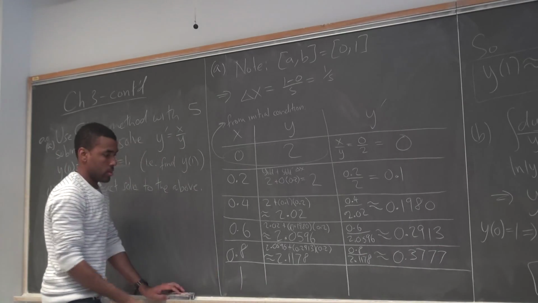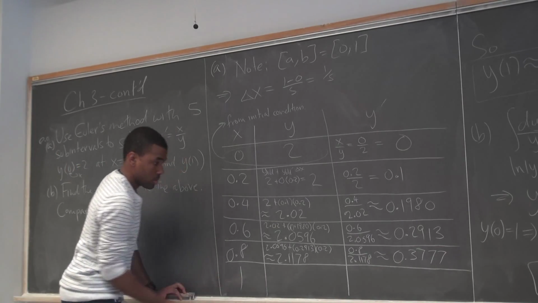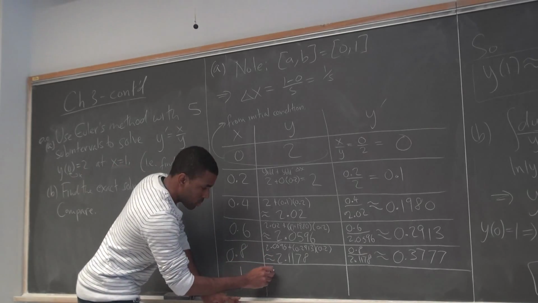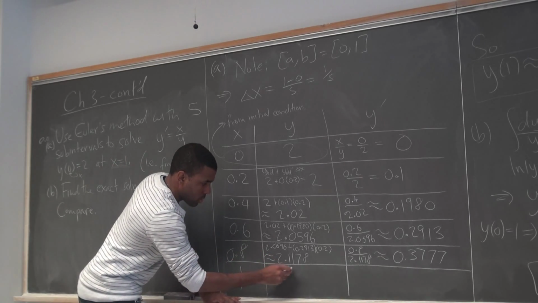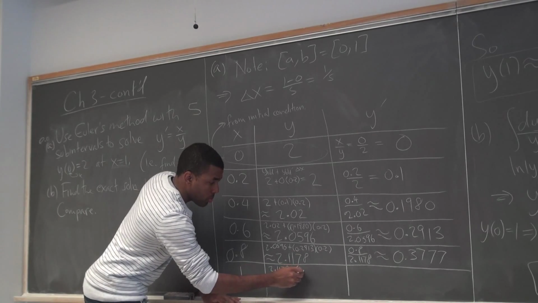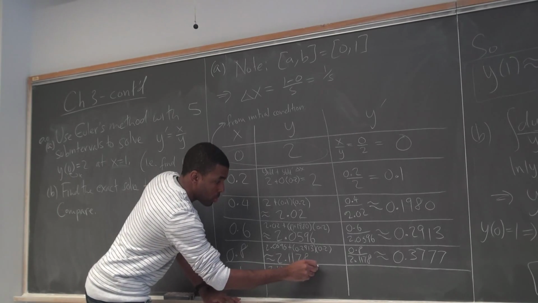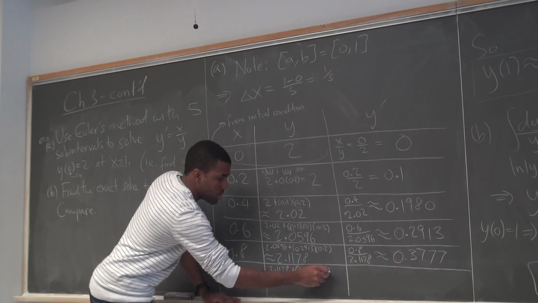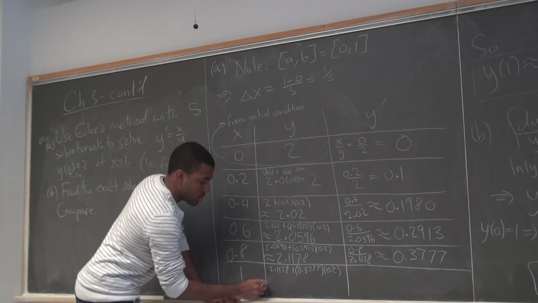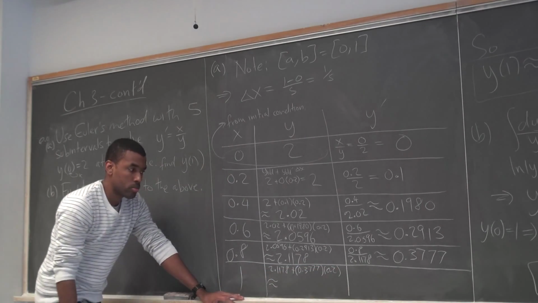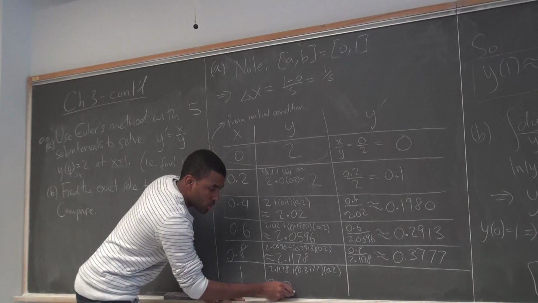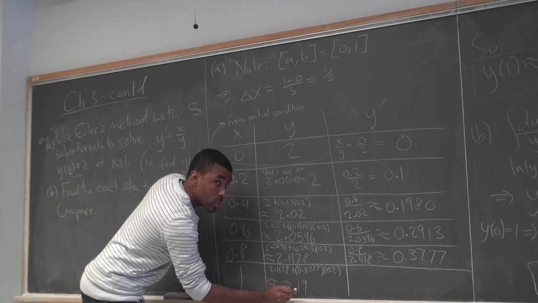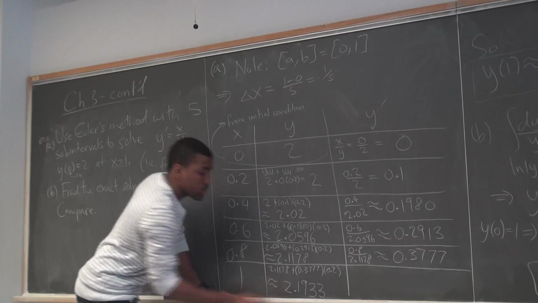And this guy, old y plus the old y prime times delta x, is roughly 2.1933.